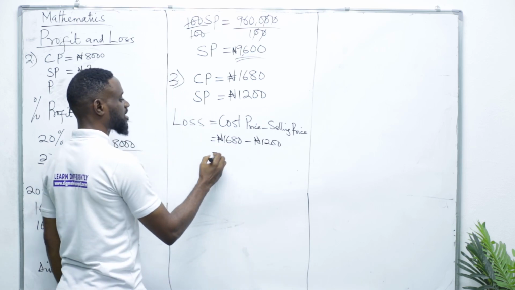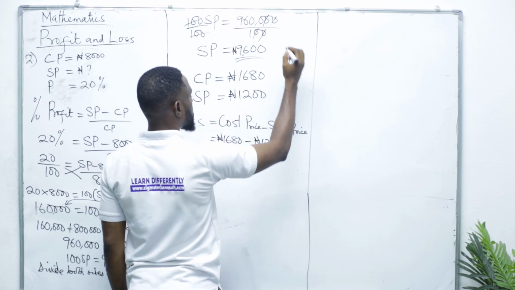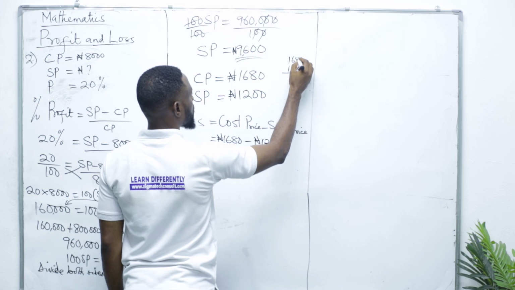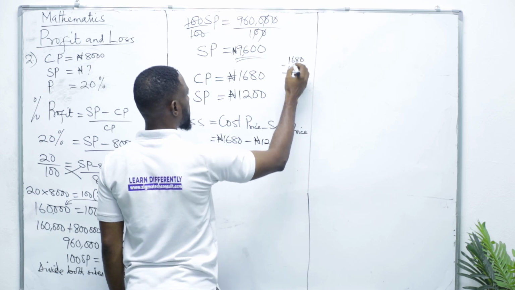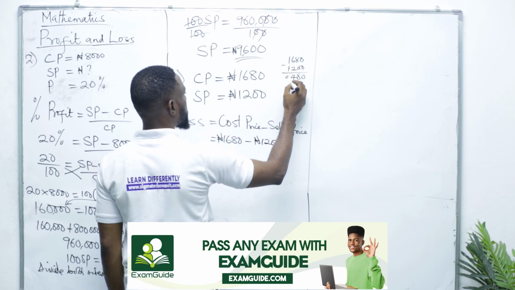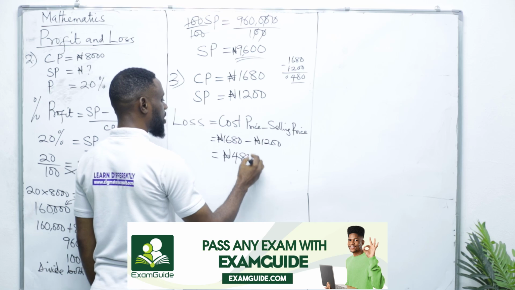So if you subtract this, it's 480. 1,680 minus 1,200, this is subtracting. 6 minus 2 is 4. 1 minus 1 is 0. That is 480. So that is 480 Naira.